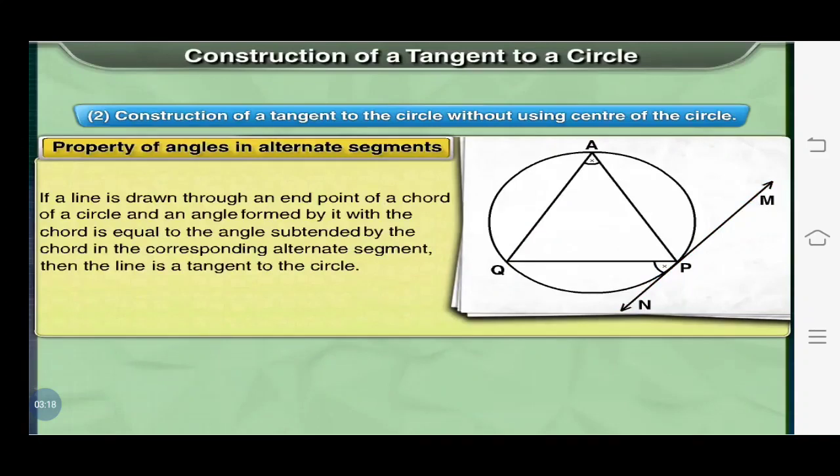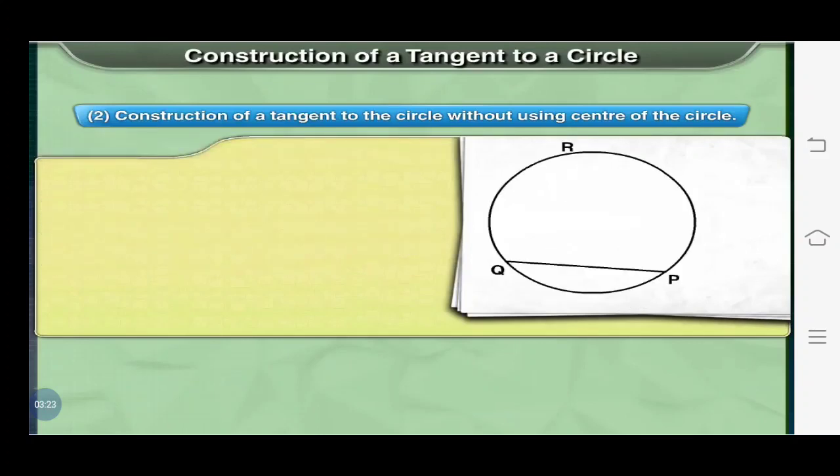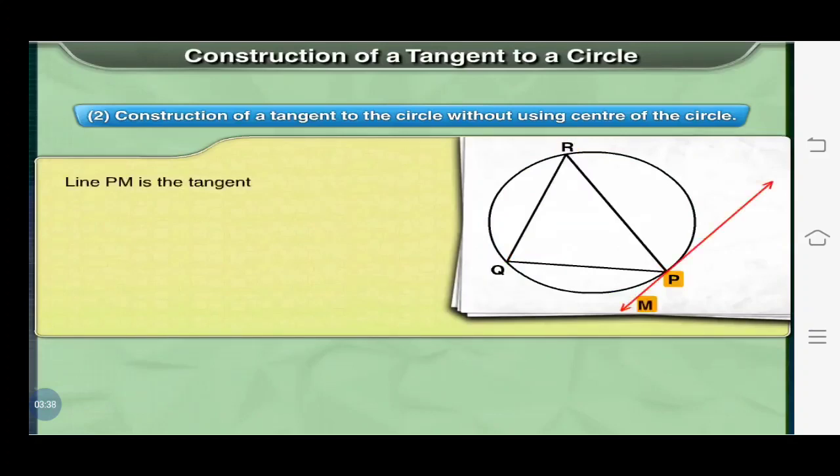In the figure here, PQ is the chord and point R is a point on the circle other than points P and Q. Join RQ and RP. If line PM is the tangent of the circle at point P, then by tangent secant theorem, angle QRP is congruent to angle QPM.